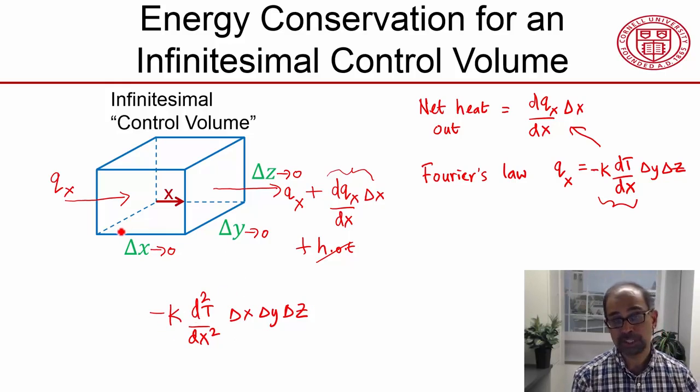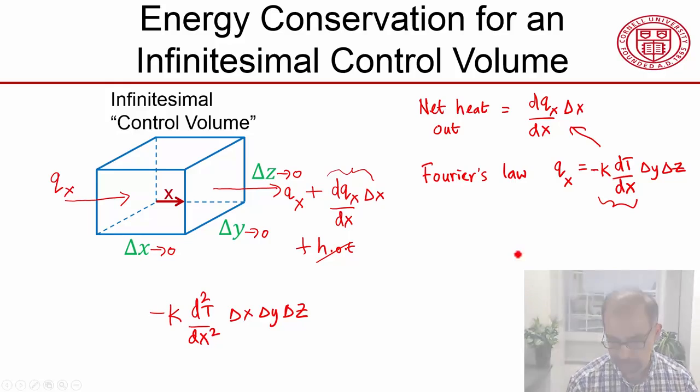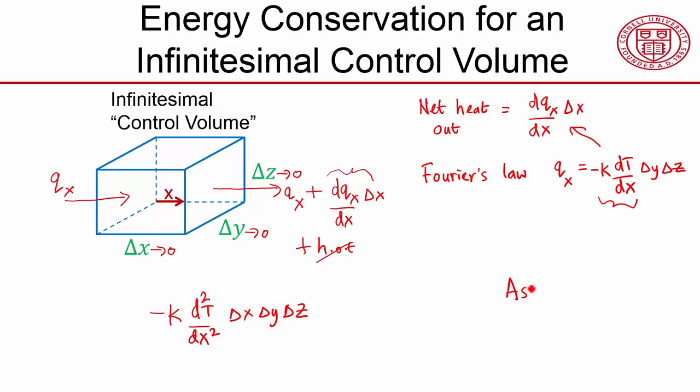I'm going to be assuming 1D. So let me list assumptions here as I'm going along. I have assumed one-dimensional, so I'm saying that there is no heat flow through these faces or through this face.